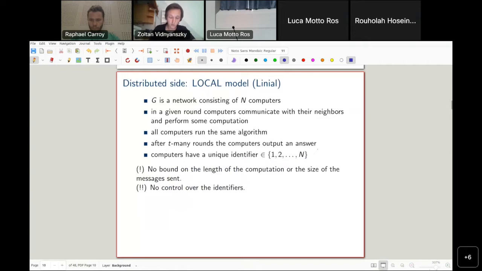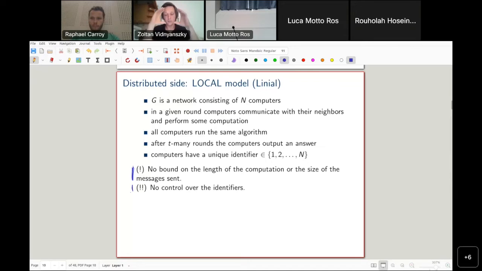Yeah, so I already mentioned that we do not impose any bound on the length of the computation or the size of the messages, and we also don't have control over the identifiers. And since there is no bound on the length of the computation, if the computer sees the whole network, then again this whole thing becomes uninteresting.